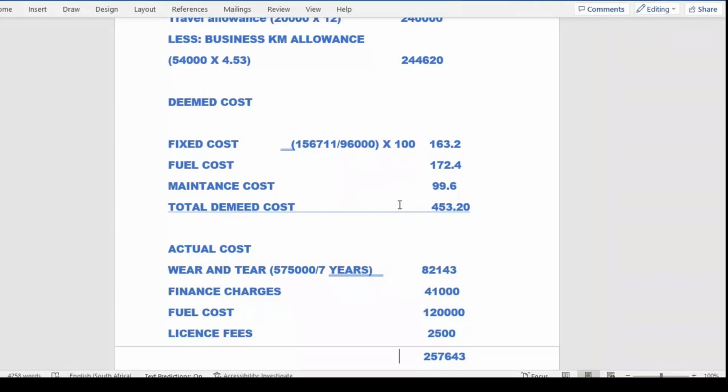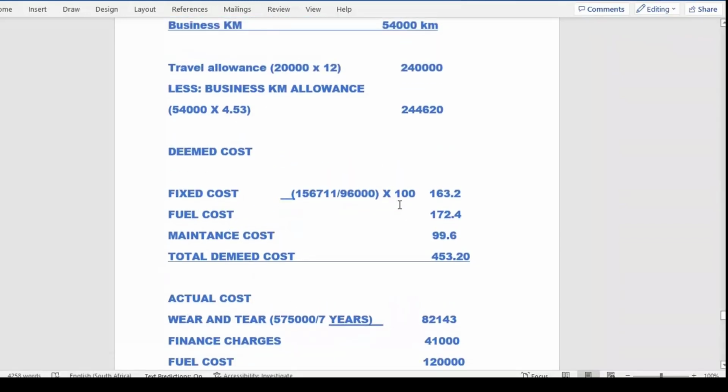Then, once you are done with the conversion, you take the business kilometers and multiply by the greater of the deemed cost and the actual cost to calculate the taxable income. But here's the thing: if your travel allowance is bigger than your business allowance, that means there's no taxable portion. If the business allowance is bigger than your travel allowance, you've got a taxable portion.